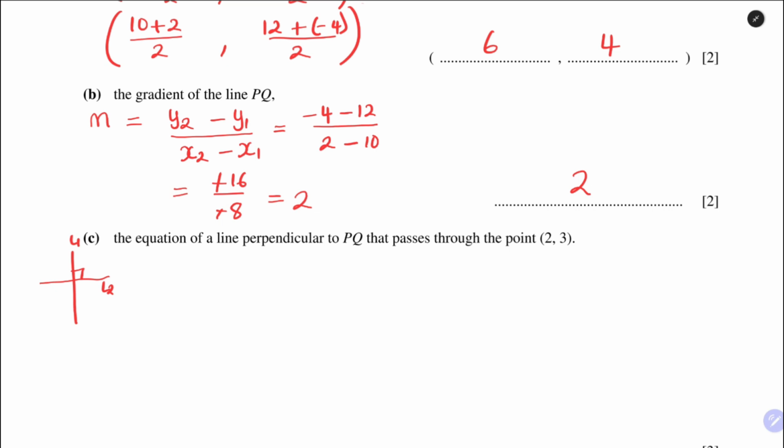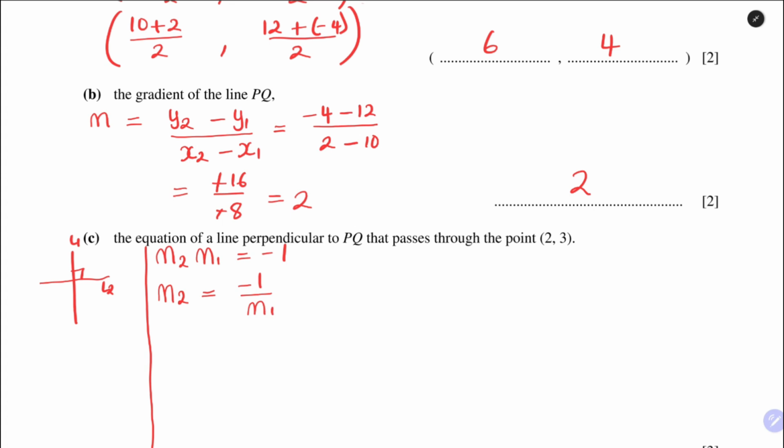If we are being told that the line is perpendicular to PQ, we are assuming that PQ is our line 1 and the new line will be line 2. Algebraically, we know that for perpendicular lines, the product of their gradients is equal to -1. It means that the gradient of the second one will be the negative reciprocal of the first one.